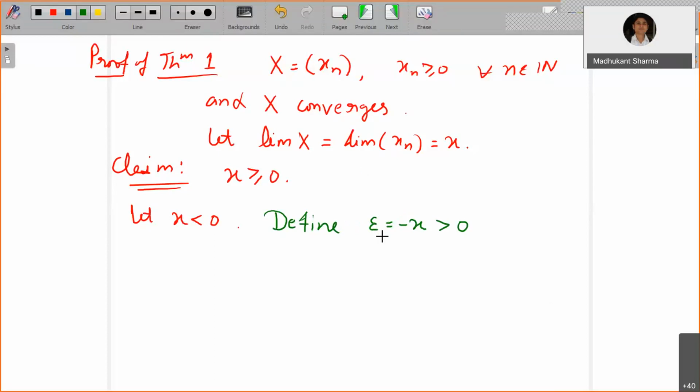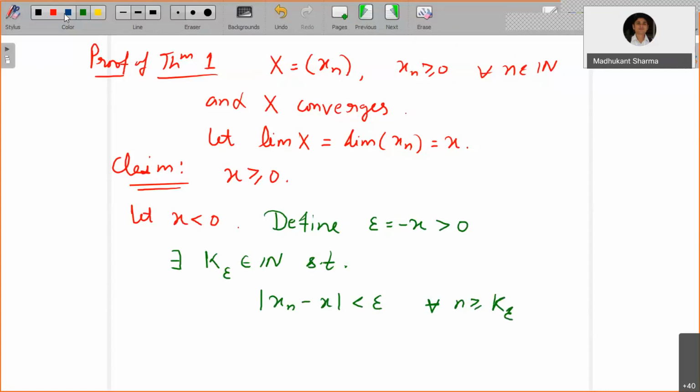So define epsilon greater than 0, and since the limit of xn is x, there exists a k, certainly depending on epsilon, in N such that mod of xn minus x is less than epsilon for all n greater than or equal to k.